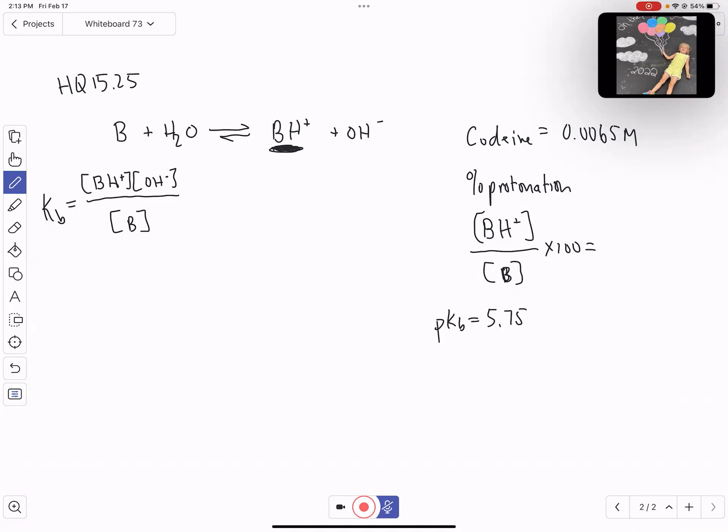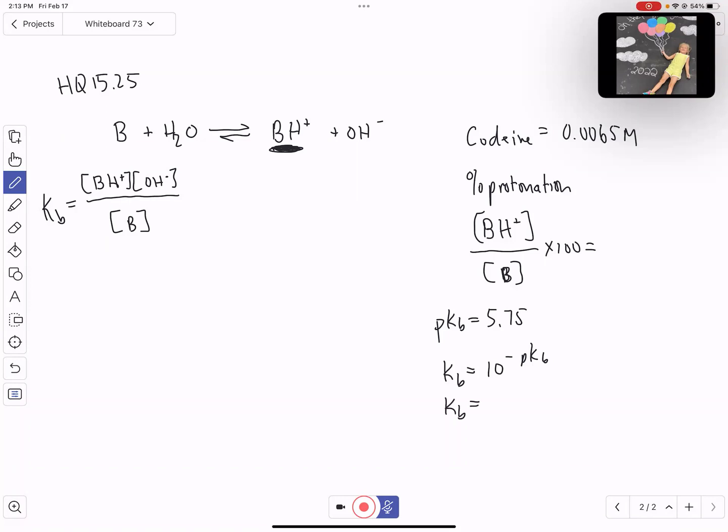The same thing that we did before with pH, going from pH to hydronium, we can use to go from pKb to Kb. So we know Kb equals 10 to the negative pKb.